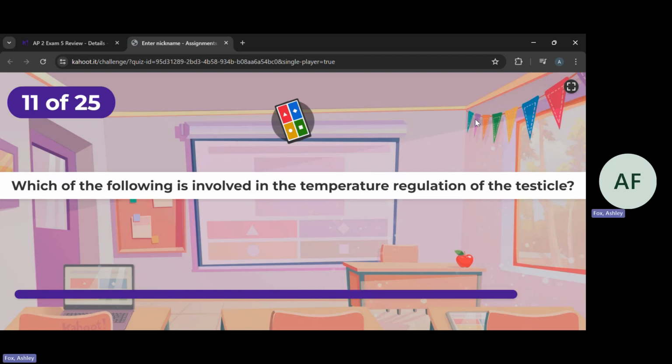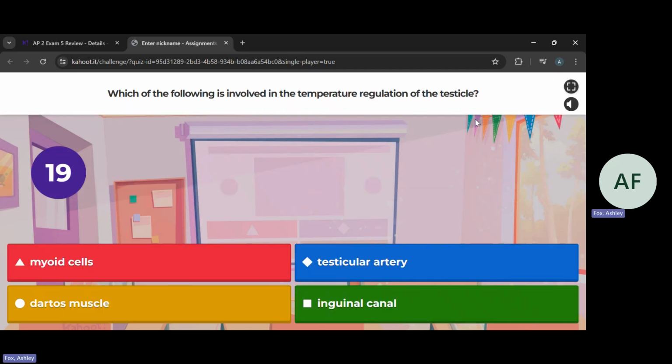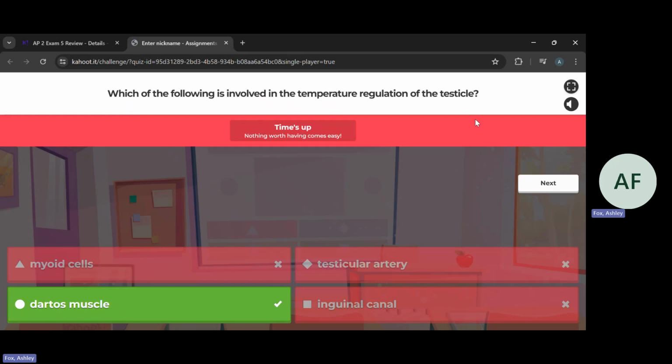Now moving on to the reproductive system, which of the following is involved in temperature regulation of the testicle? Myoid cells, testicular artery, inguinal canal, or the dartos muscle? That's the dartos muscle. Remember, the dartos muscle is in the skin of the scrotum, so it'll wrinkle and help with temperature regulation of the testicle.